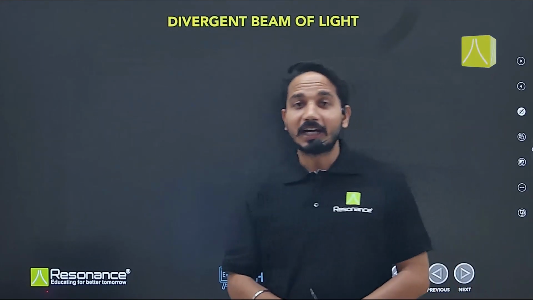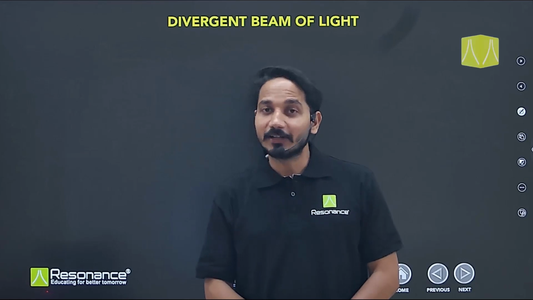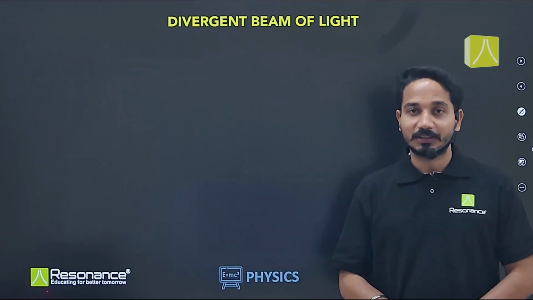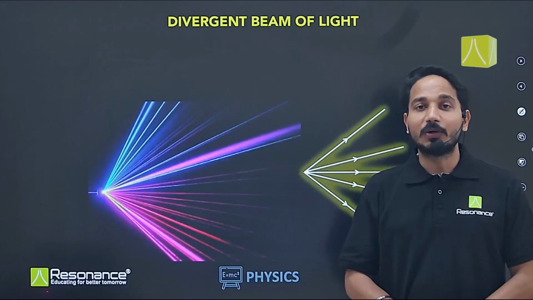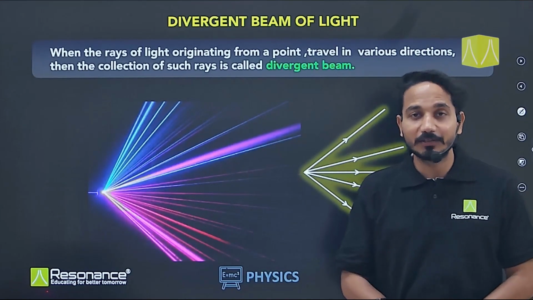Now, the divergent beam of light. From a point source, when the light energy is going out, that can be called a divergent beam of light.